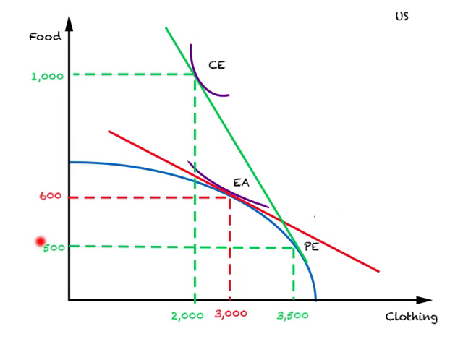So 500 units of food will be imported by the US when we have this green world price line. So in a way, this diagram conforms to what we would expect when the relative price of clothing goes up. The US exports clothing and imports food.